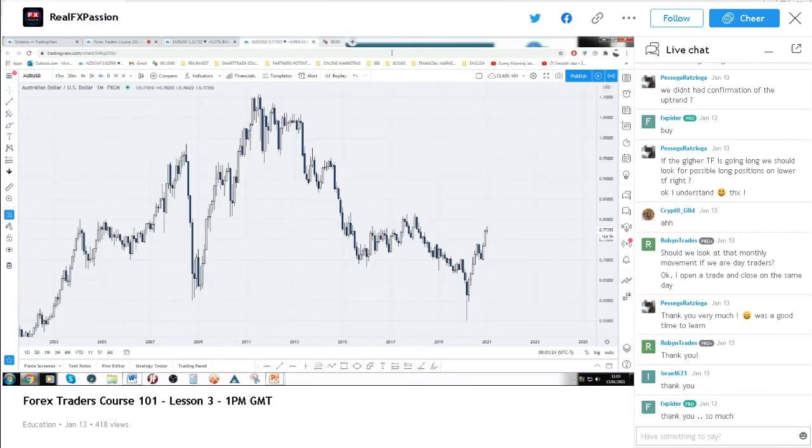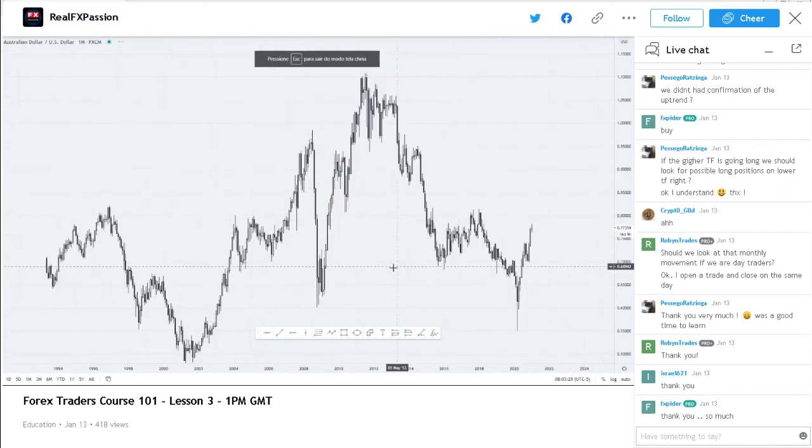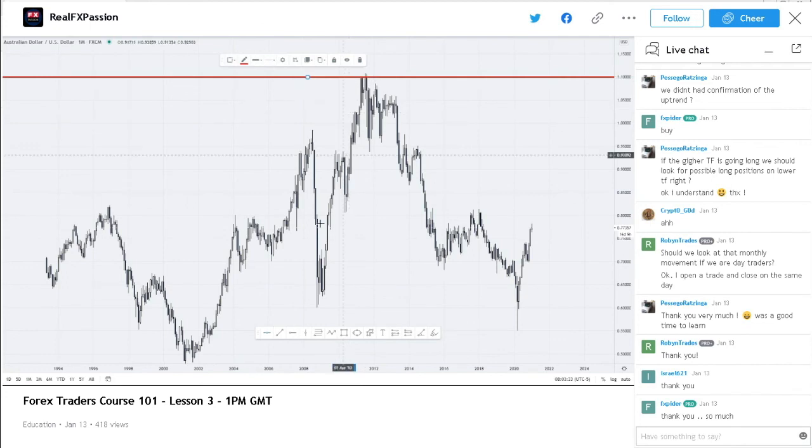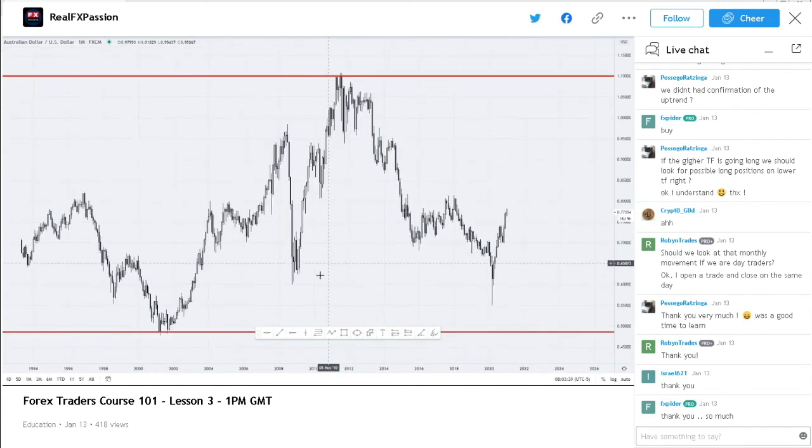From yesterday, what we learned is that the Forex market is nothing more than a contract between the 2 countries because of the imports and exports between the 2 of them.